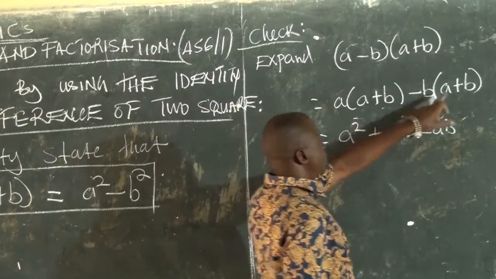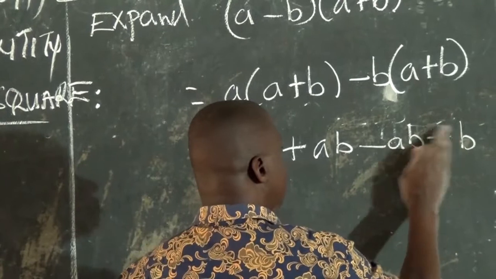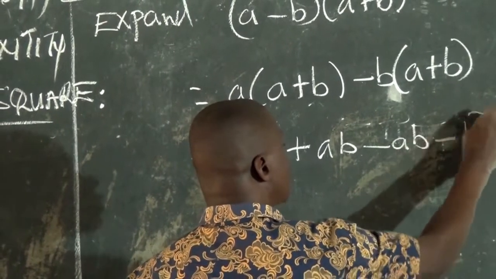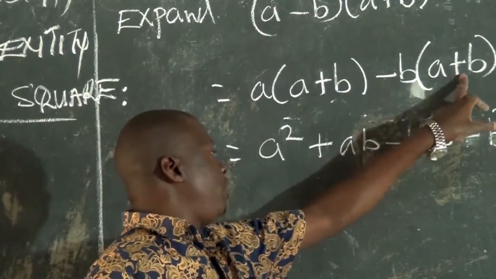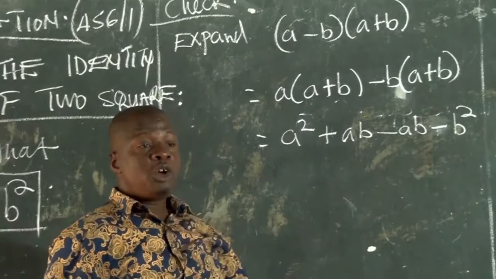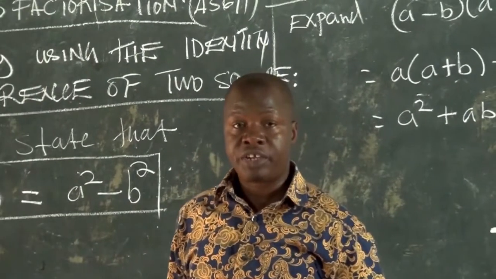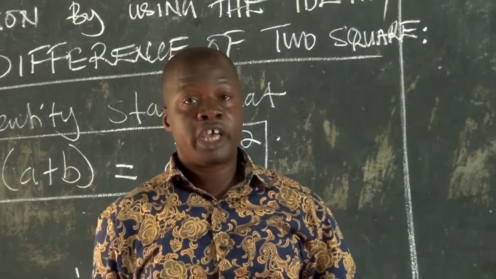Minus b times positive b, it gives minus b squared. Remember, negative with a positive gives a negative. The friend of your friend is your friend. Last, the friend of your enemy is also your enemy.